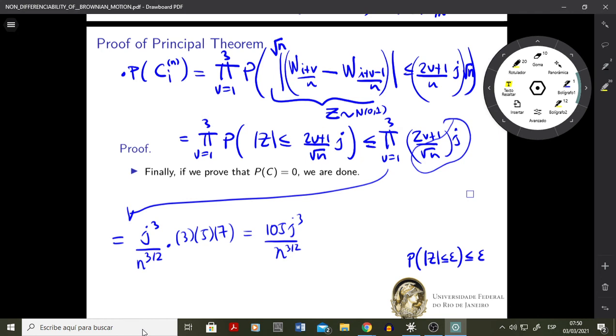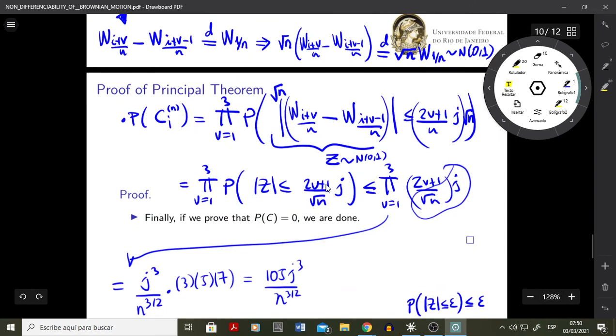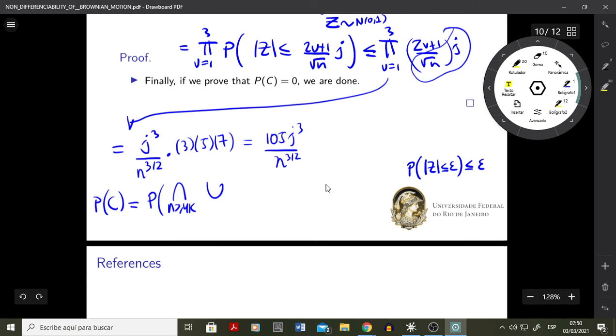So we want to show that the probability of C is 0, right? The probability of C is equal, by definition, to the intersection over all n greater or equal than 4k of the union over all i from 1 to n of these sets.